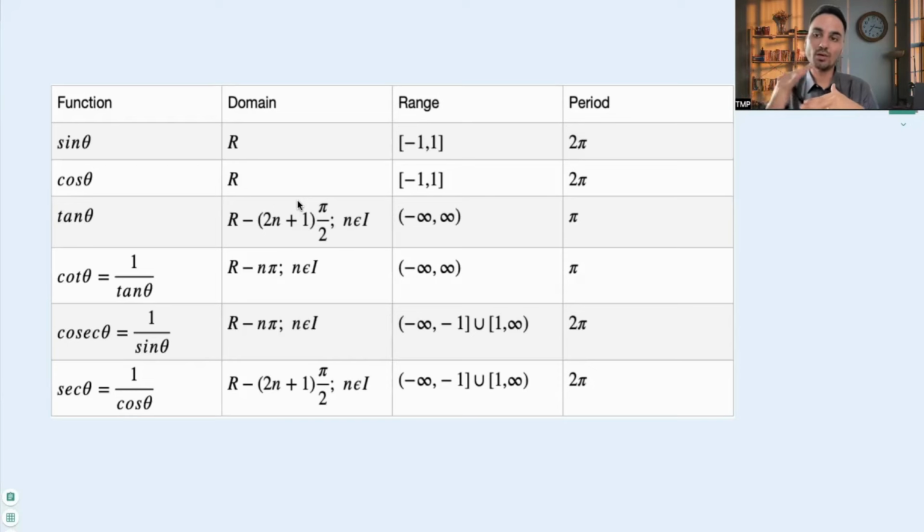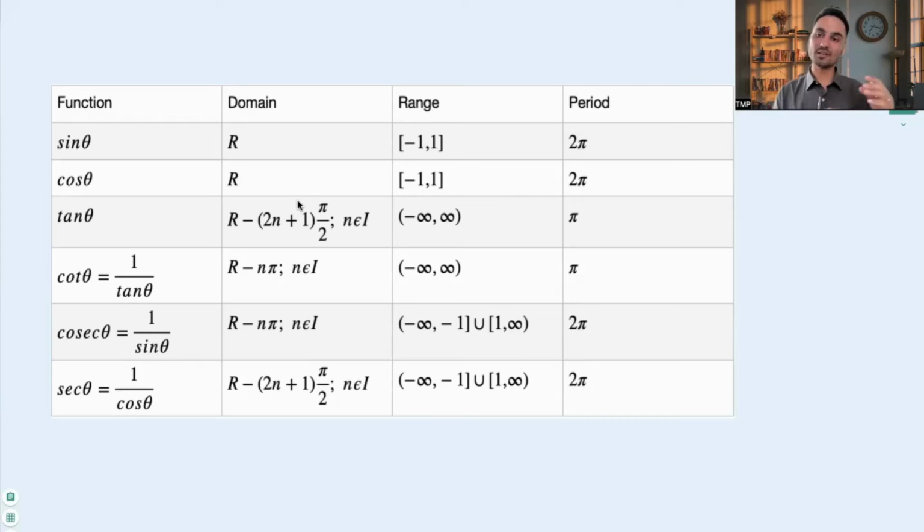And this is the reason why the domain of these two functions is real numbers minus all the points where cos theta is 0. And the domain of cot theta and cosec theta function is all real numbers minus n pi, where n is any integer. So all the multiples of pi.